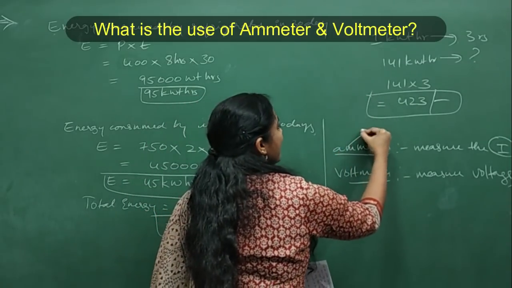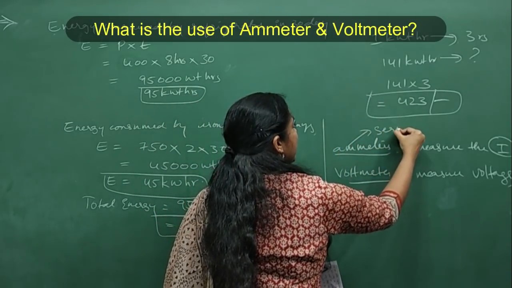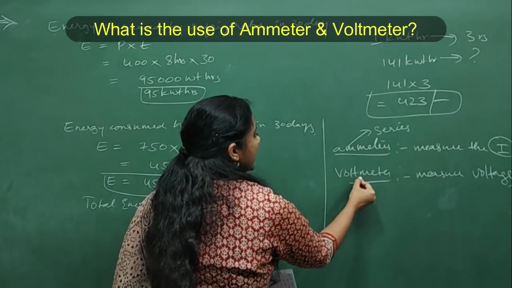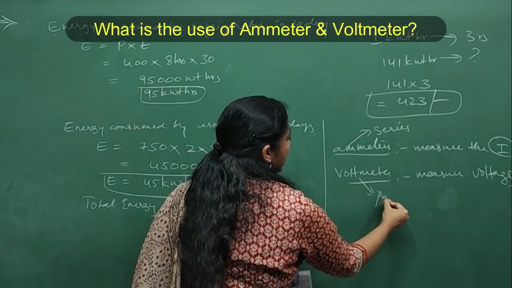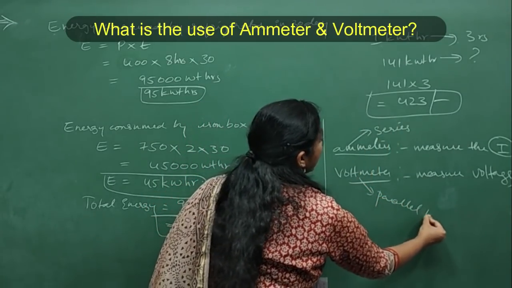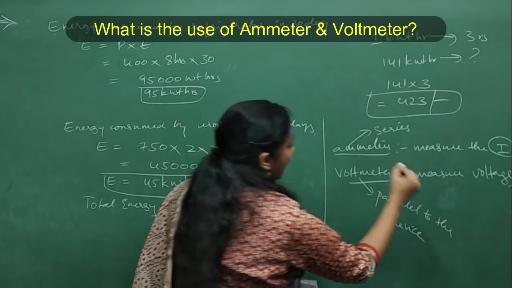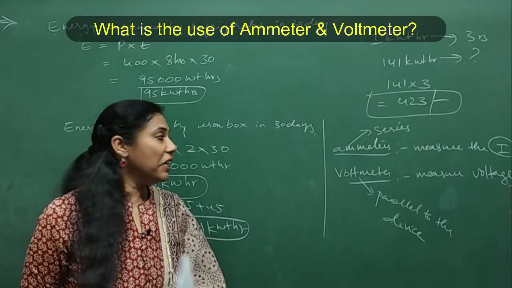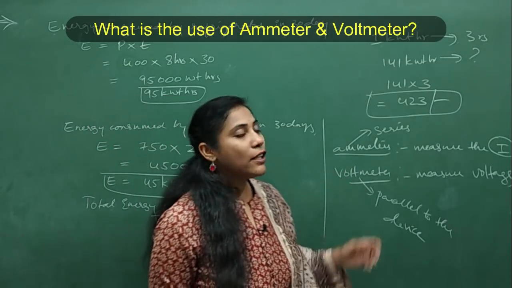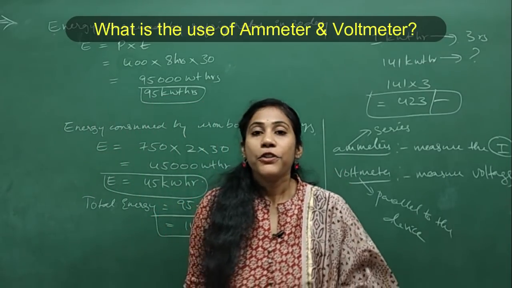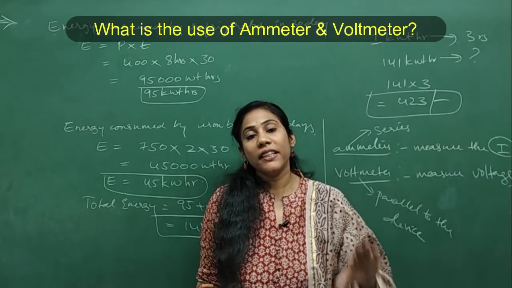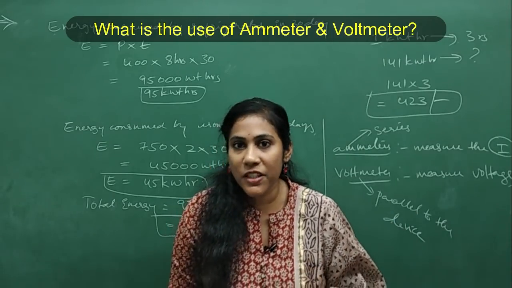And ammeter must always be connected in series, and voltmeter is always connected in parallel to the device. Clear? So this is again a simple question from electricity. So these are the important and most expected questions from this chapter.